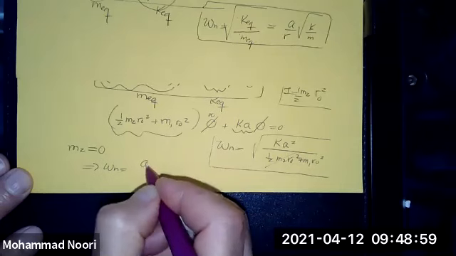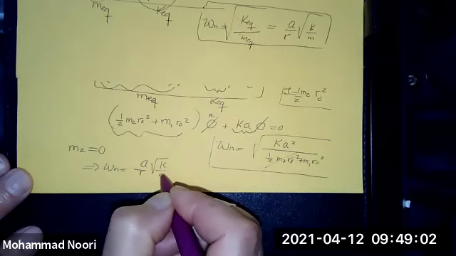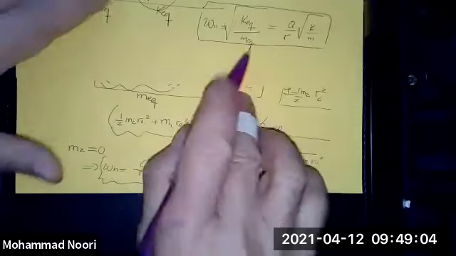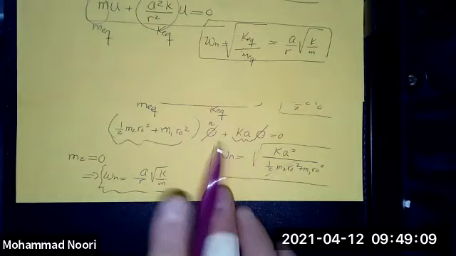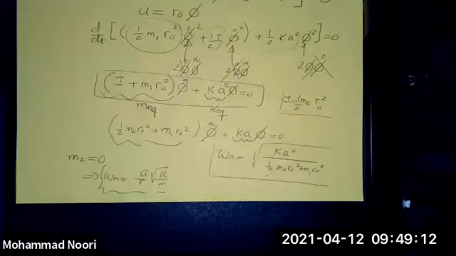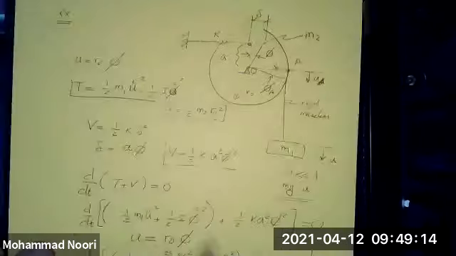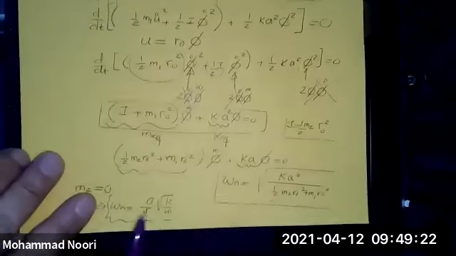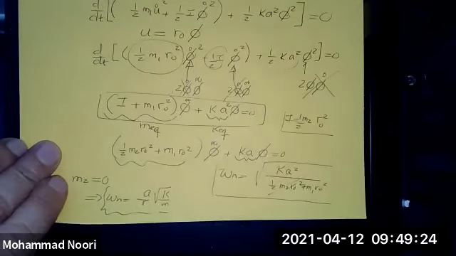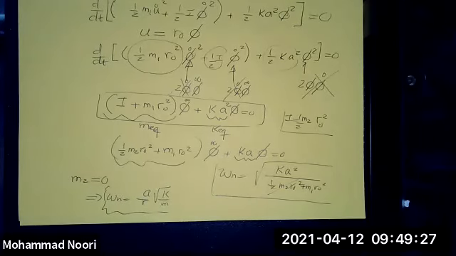A over R times square root of K over M, which is the special case problem that we did before. So you can see that using the energy method, I could make the problem even more difficult by considering the mass of this rotating disk and yet derive the equation of motion so quickly and without much effort. Any questions?